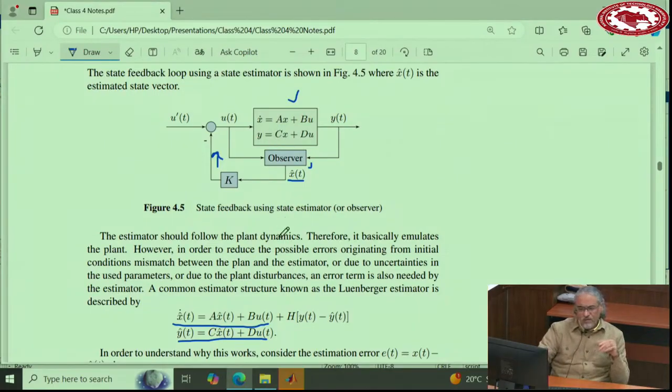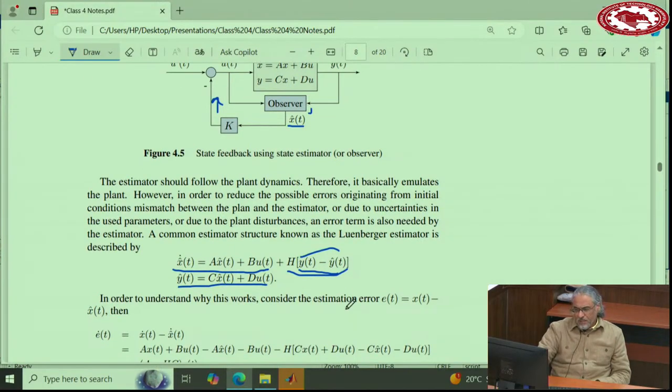So due to lack of knowledge of that, we need another feedback term to correct those errors, initial conditions and uncertainties. If you look at this feedback term, it looks at the output error, and it says I'm going to add this error to my state vector.